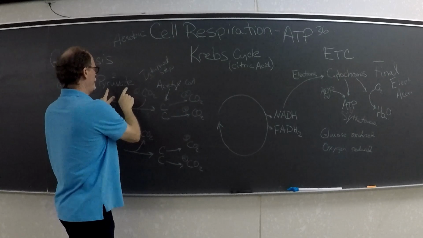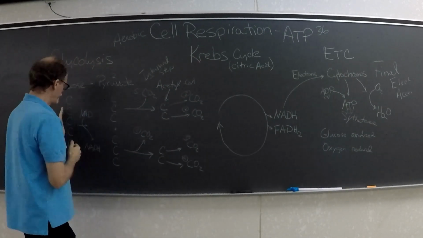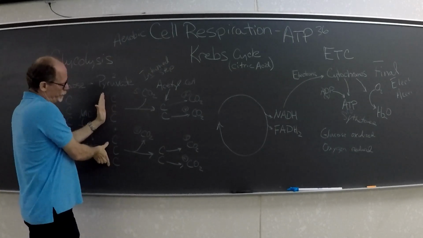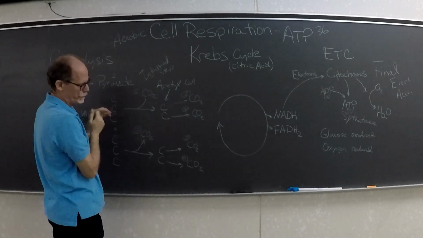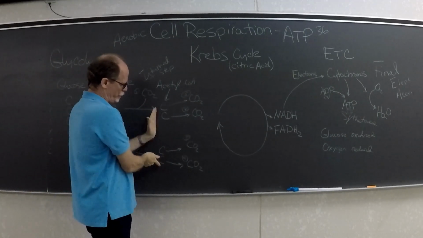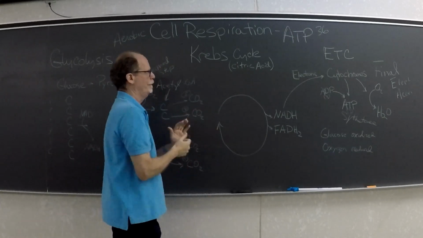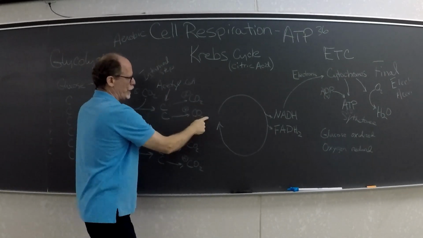The intermediate step converts pyruvate to acetyl. You go from 6 carbons to 3 carbons to 2 carbons. You lose 2 carbons to CO2. These 2 carbons, 4 altogether, go to the Krebs cycle or the citric acid cycle, and they become CO2.